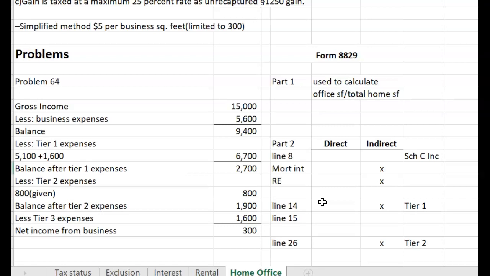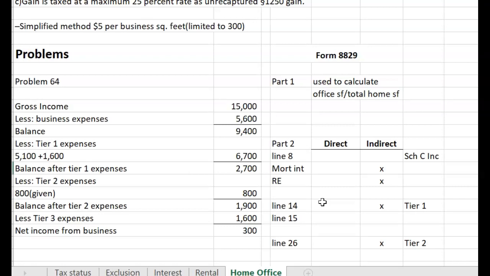Another example of calculating the full amount is any maintenance you would do. So your indirect are your overall expenses for the house that you can allocate to the 8829 for business expenses. The direct expenses are those expenses dedicated just to the business office.